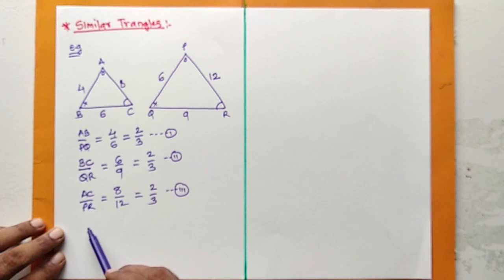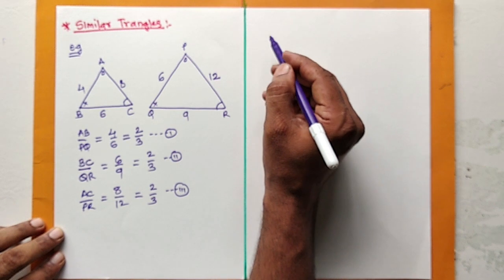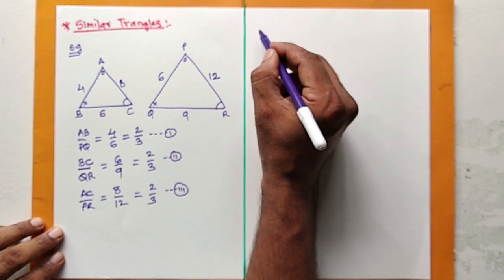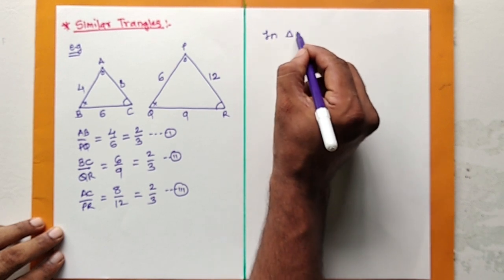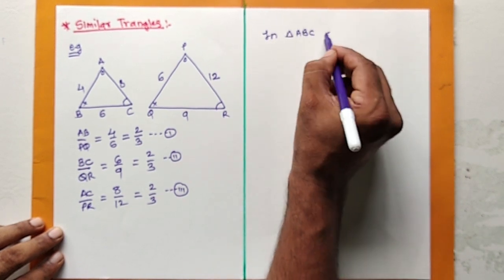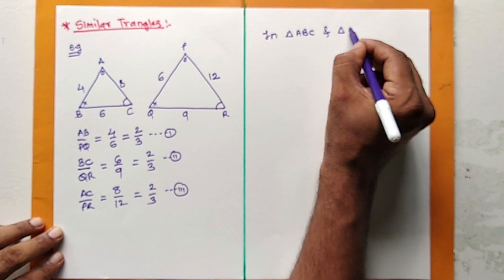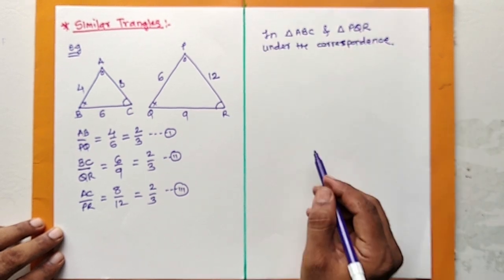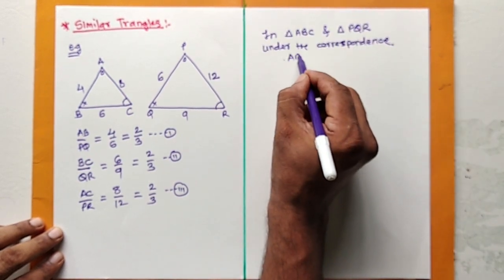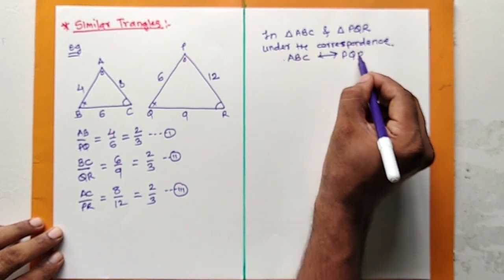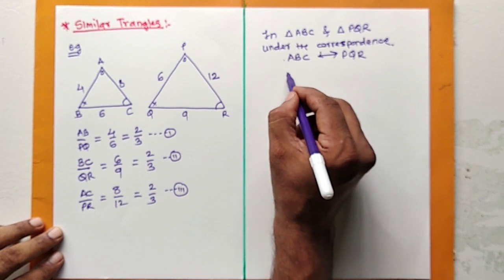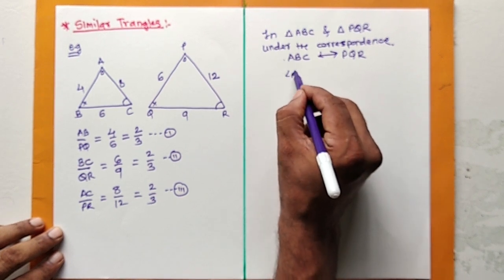Therefore, by the definition of similar triangles, we can write: in triangle ABC and triangle PQR, under the correspondence ABC to PQR, their corresponding angles are congruent.